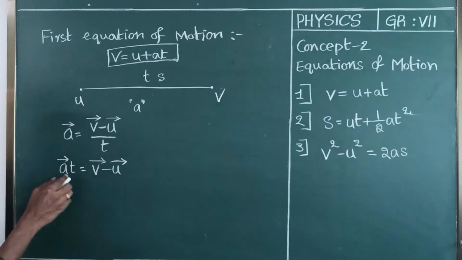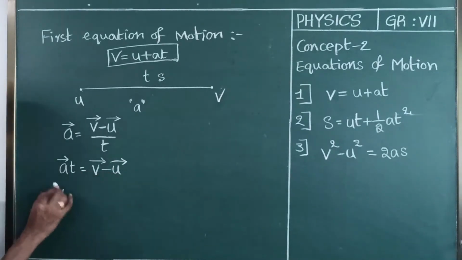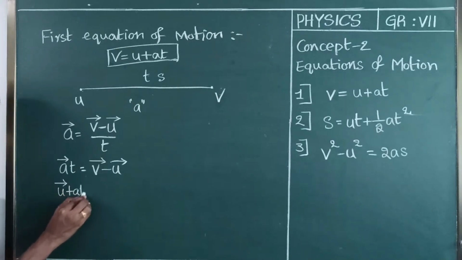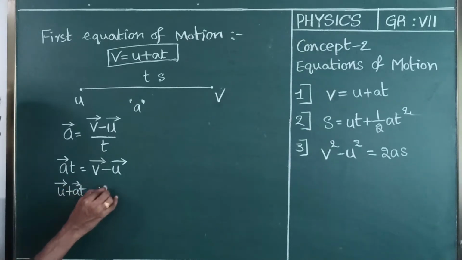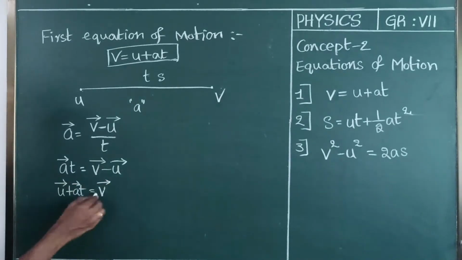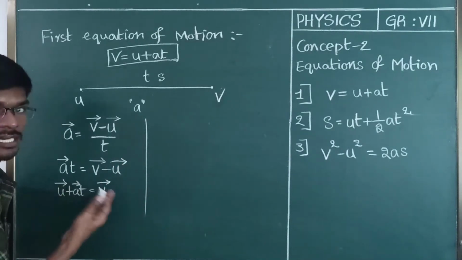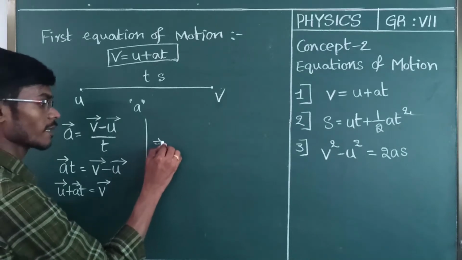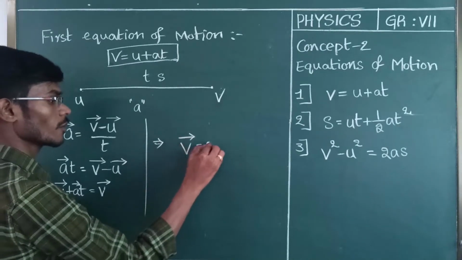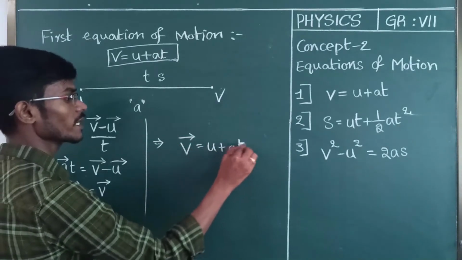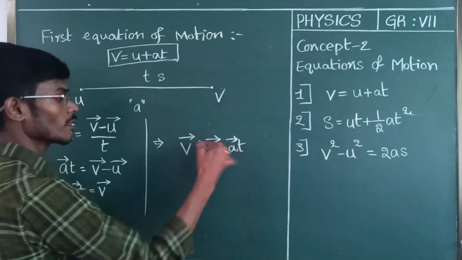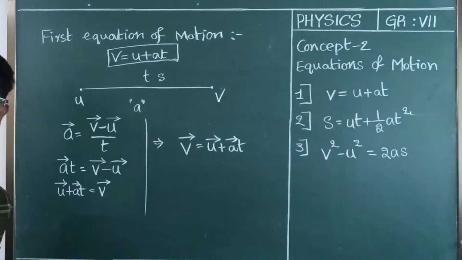Sending u bar to the other side, u bar plus a bar t equals v bar. So we can write v bar = u bar + a bar t. This is the first equation of motion.